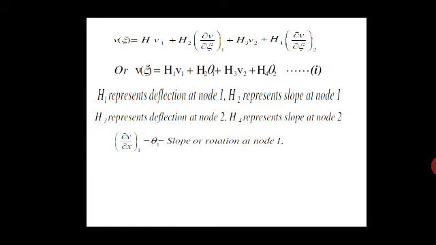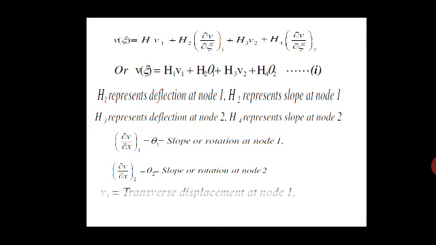Here in the above equation, dv/dx is nothing but the slope, which we can rewrite as theta1, the slope or rotation at node 1. Similarly, dv/dx at node 2 is theta2, also a slope or rotation at node 2. And v1 and v2 are the transverse displacements at node 1 and node 2 respectively.